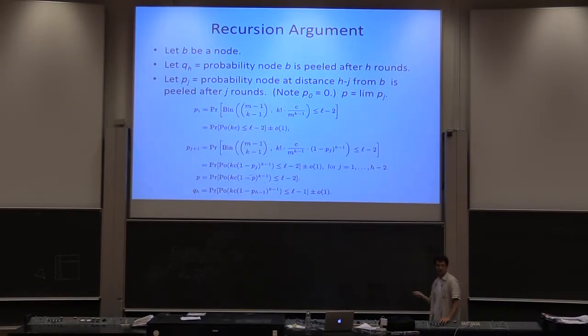It just depends on this tree type argument. You define the corresponding quantities saying, are things well behaved some number of levels down in the tree, and you come up with recursive equations describing what happens as you go down the tree. Those equations will tell you whether you are eventually getting into an empty K-core or not.